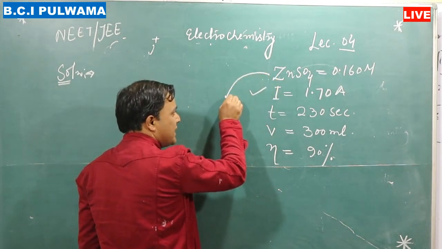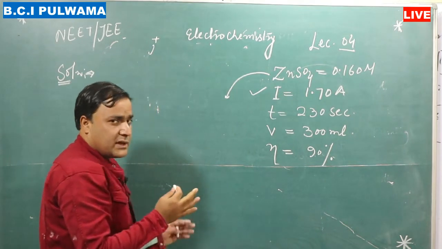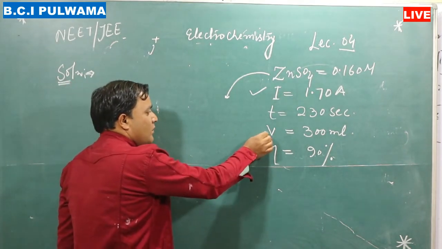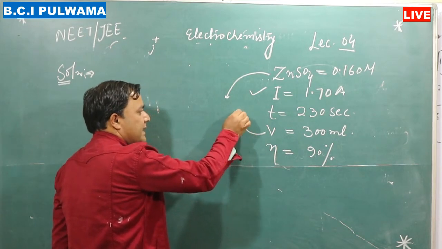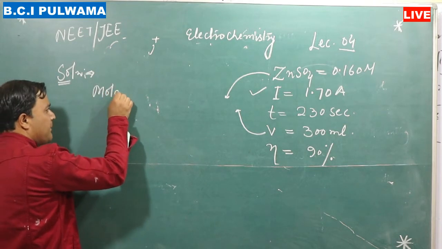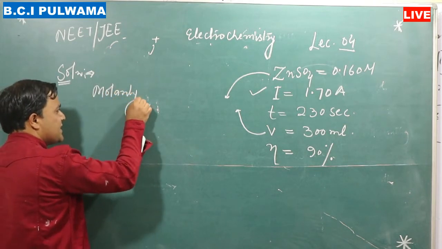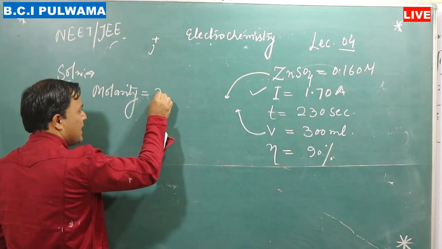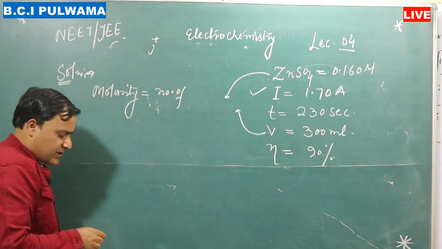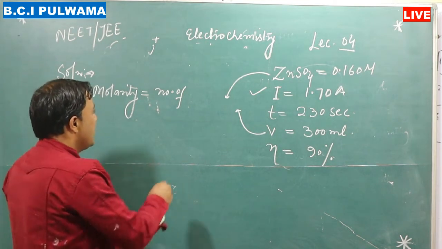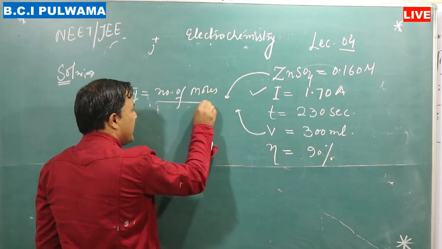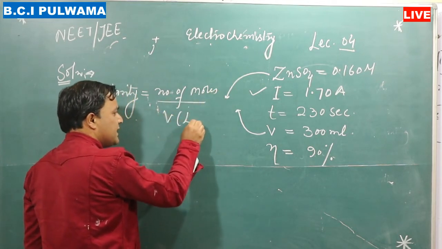We have a 0.160 molar solution of zinc sulfate in the electrolytic cell before electrolysis, and the volume is equal to 300 ml. Molarity is equal to number of moles of solute, ZnSO4, divided by volume of solution in liters.